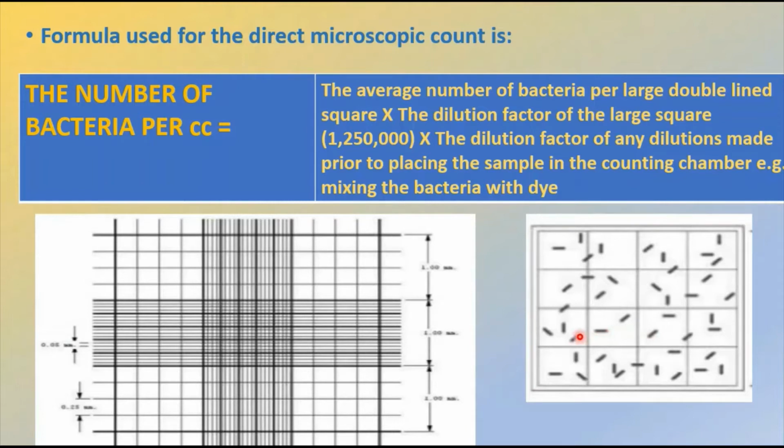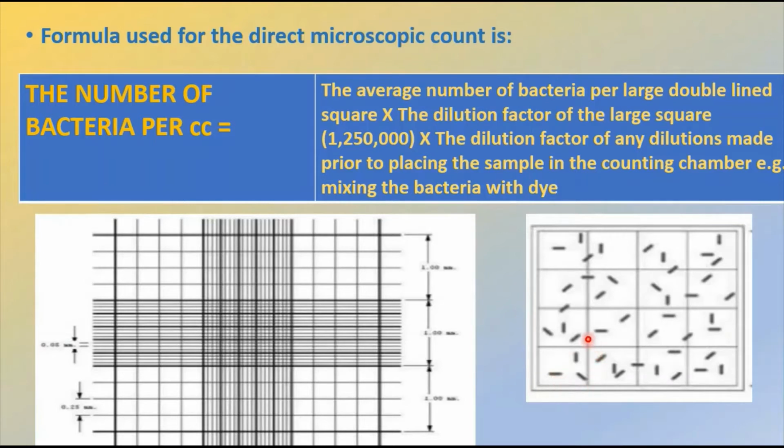That means 1/12,50,000 cc. Now the normal procedure is to count the number of bacteria in 5 large double line squares and divide by 5 to get the average number of bacteria per large square.